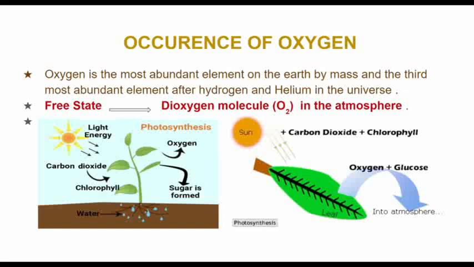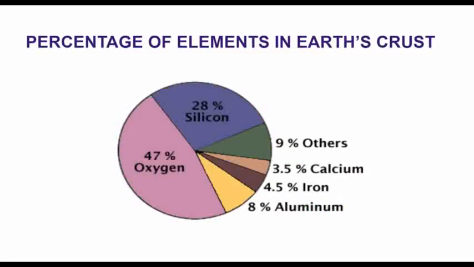Most of this has been produced by the process of photosynthesis, in which the chlorophyll present in the leaves of plants uses solar energy to produce glucose. In combined state, it is present in the Earth's crust as silicates and metal oxides. It is also found in the water on the surface of the Earth. Trioxygen molecule, known as ozone, is present in the upper layers of the atmosphere.